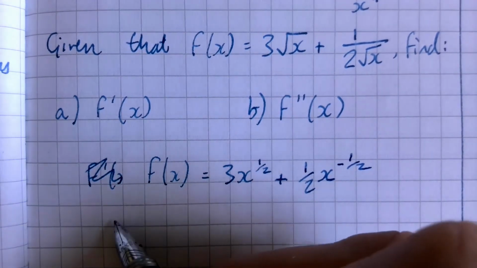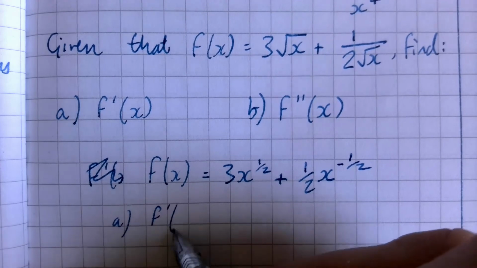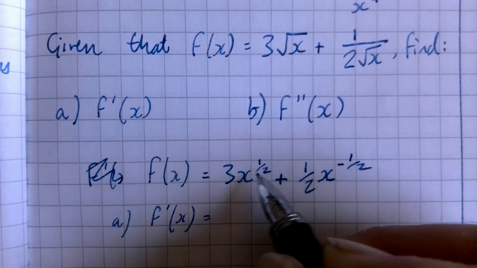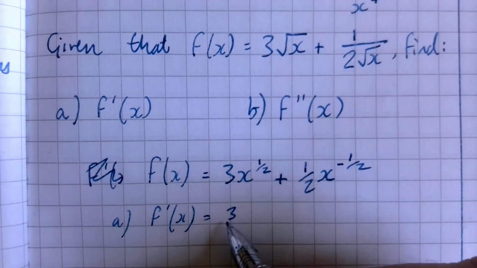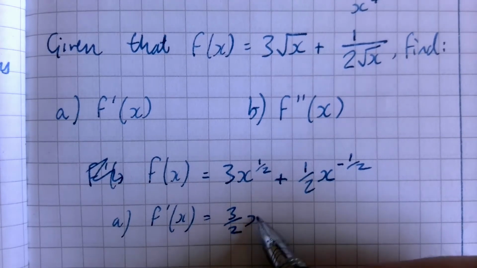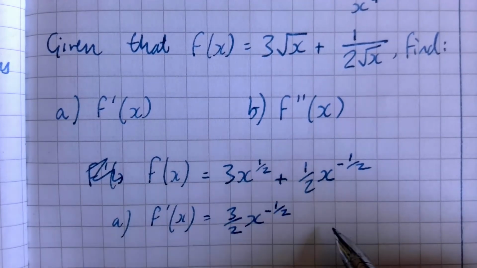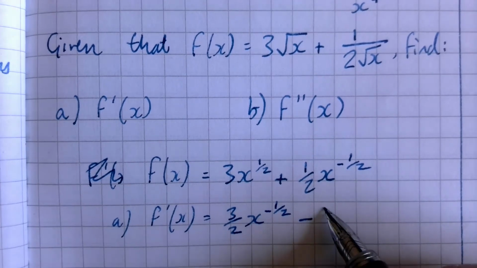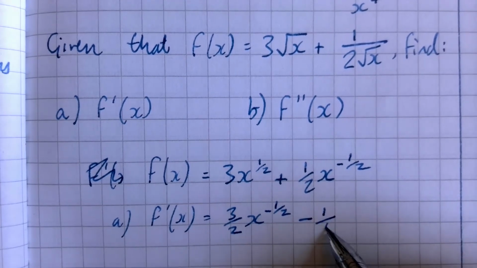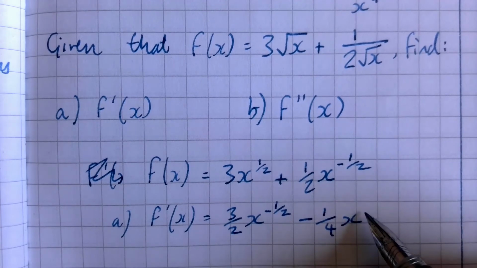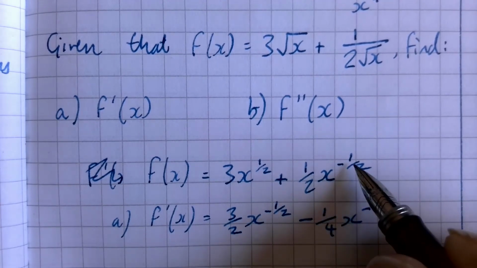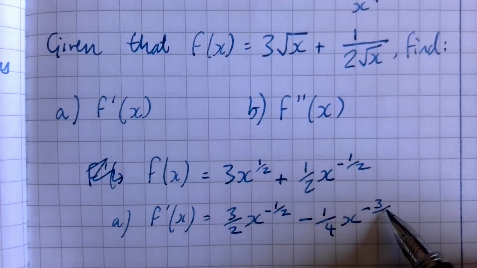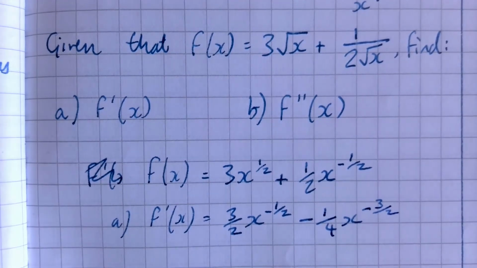So when we differentiate that, a half times 3, well, just write that as 3 over 2, x to the negative a half, and then a negative times a positive is a negative, so a half times a half is a quarter, so minus a quarter, x to the power negative, and taking another one off that, we can call negative 3 over 2.